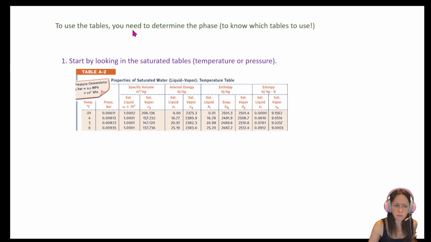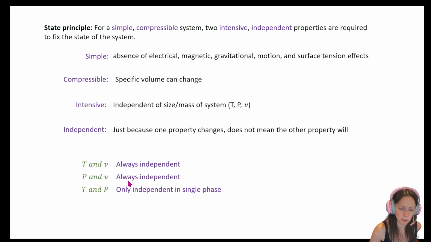So to figure out which table to use, we need to figure out the phase. Let me go back to this point right here. Temperature and pressure are only independent in a single phase, meaning that if we're in a single phase, temperature and pressure are enough to fix the state, but if you're saturated, they won't be.